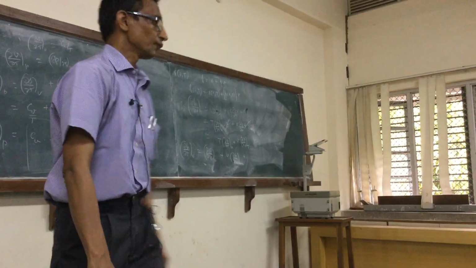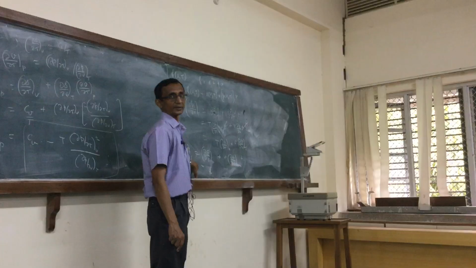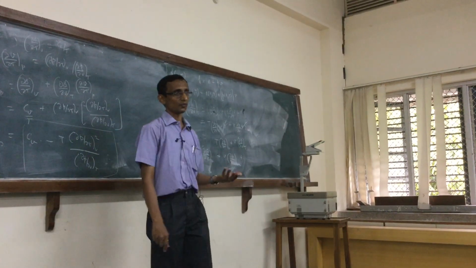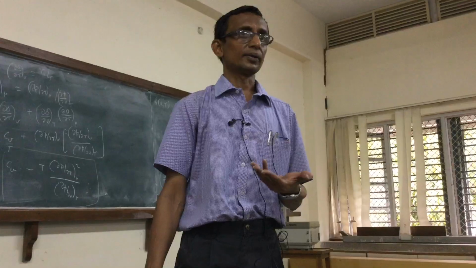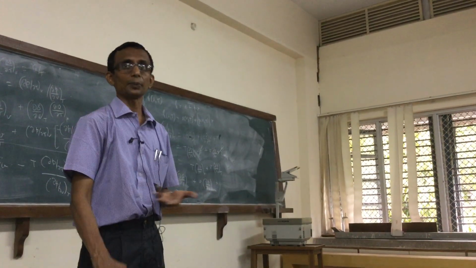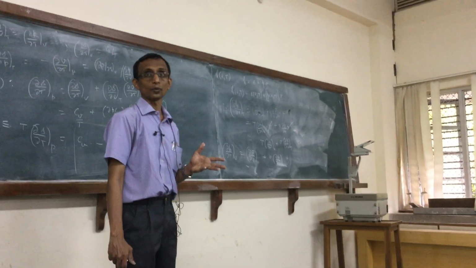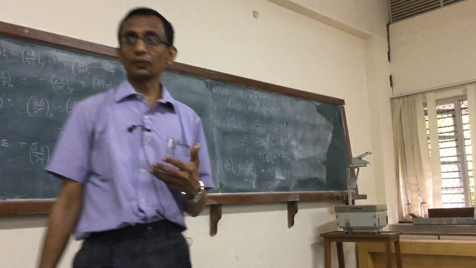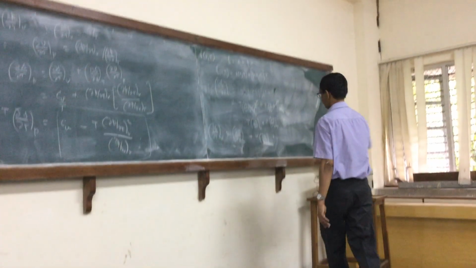Right? Differentiating V with respect to temperature, keeping the volume fixed: the derivative of some quantity keeping itself fixed is obviously 0. So V is also the independent variable, and the derivative of that with respect to T has to be 0. Right? Keeping V fixed. That is what you have to keep in mind.